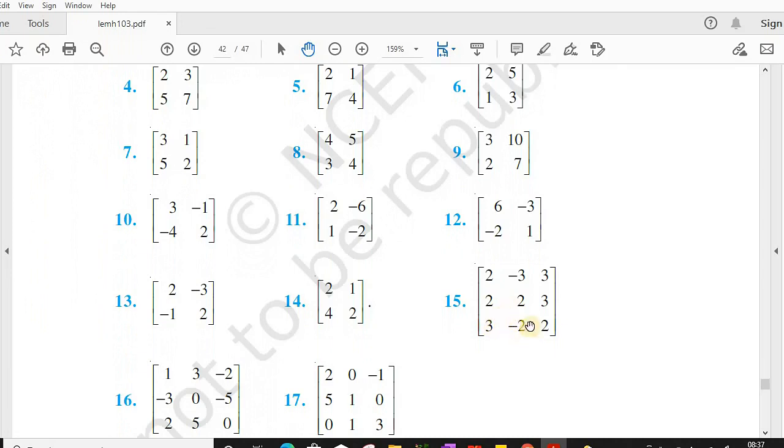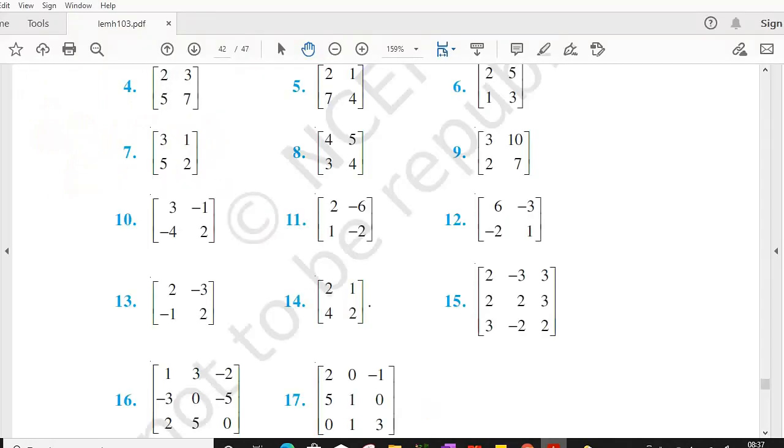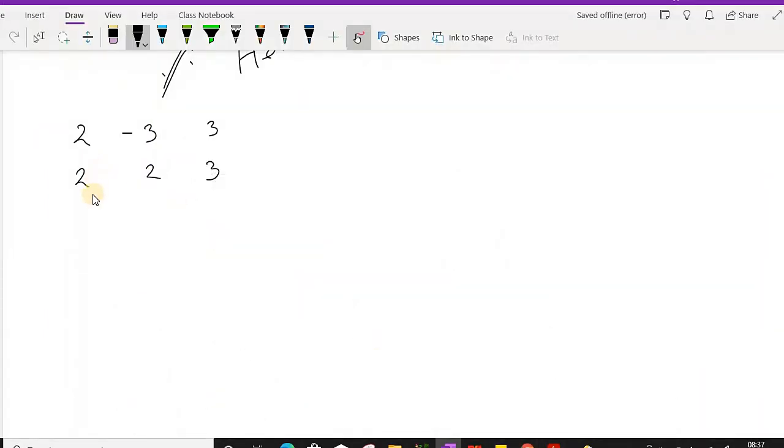So we'll take a 3 by 3 matrix. Let's check this one. It was one complex thing, so we'll do this one. 2 minus 3 3, 2 2 3, 3 minus 2 2.